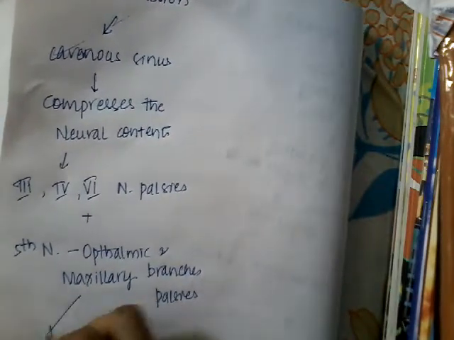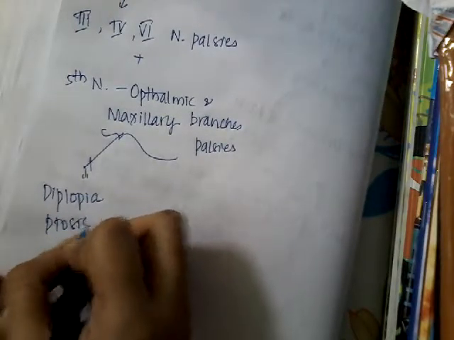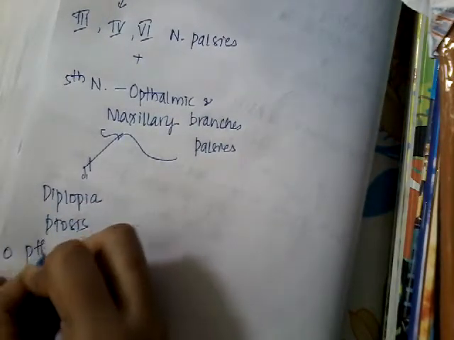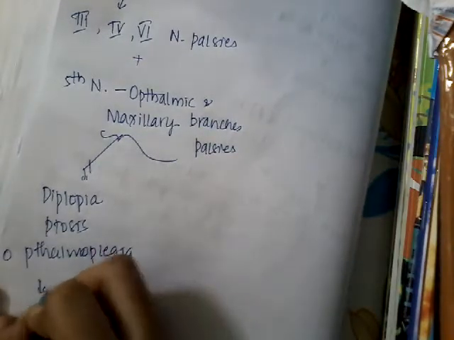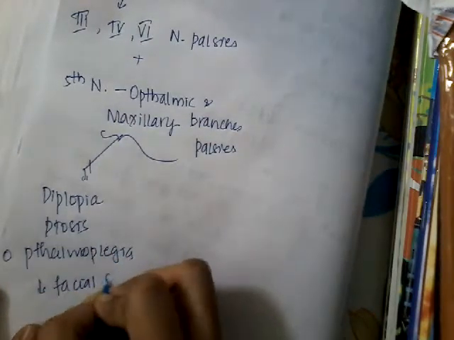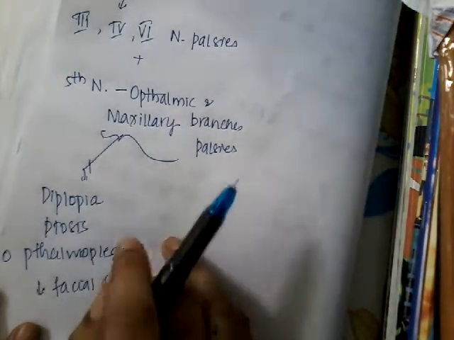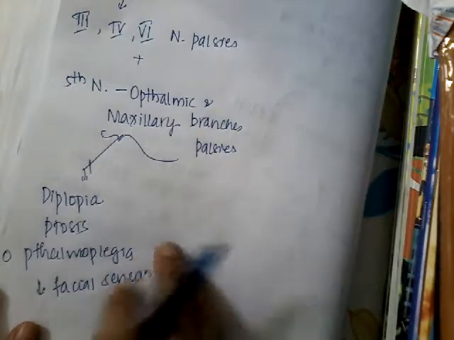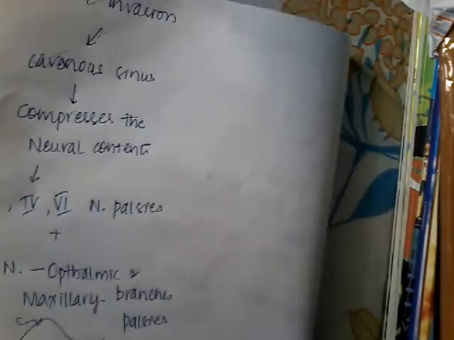So this includes diplopia, ptosis, ophthalmoplegia, and decreased facial sensation. These occur whenever the fifth nerve is involved. So this is what is seen whenever the cavernous sinus is involved in lateral invasion.